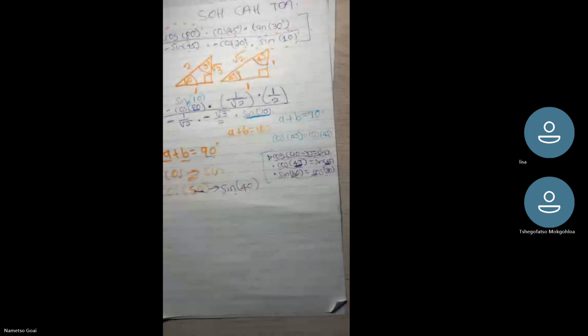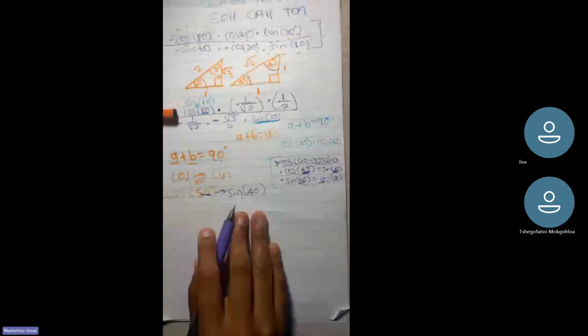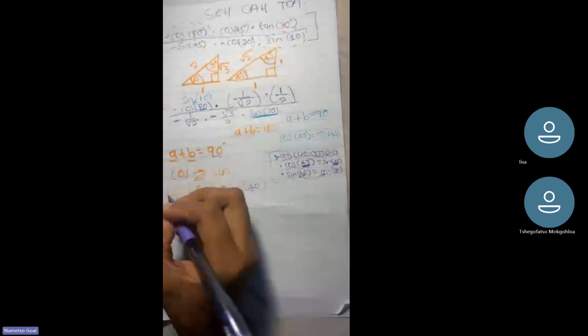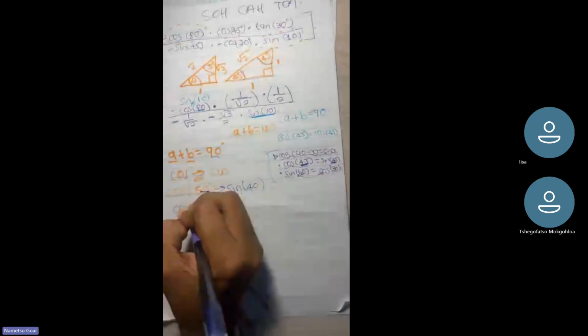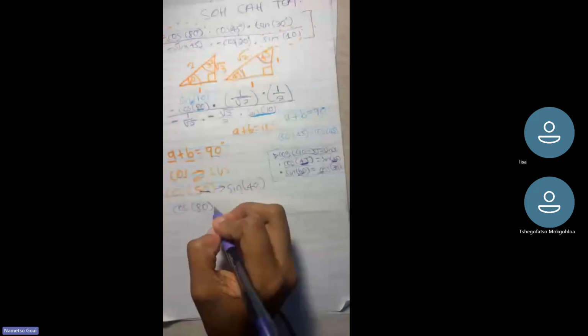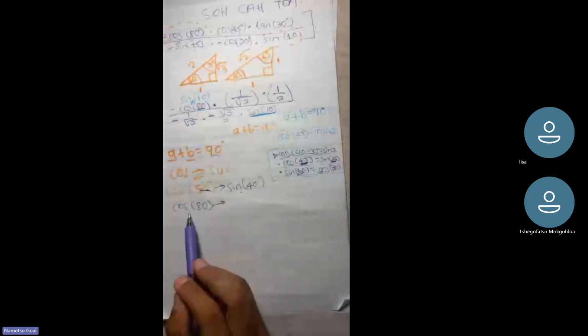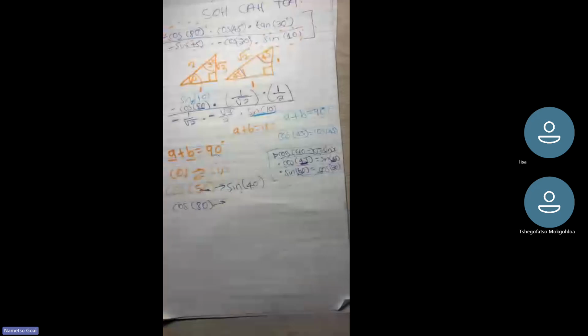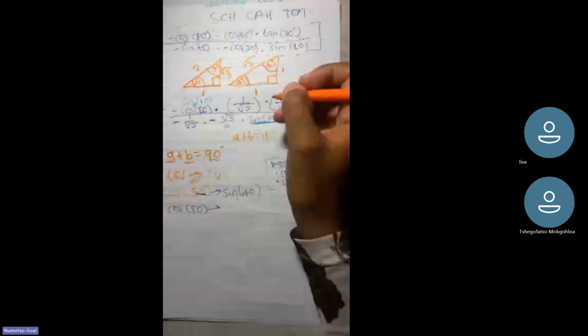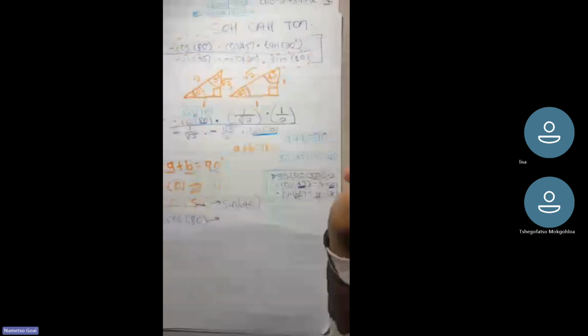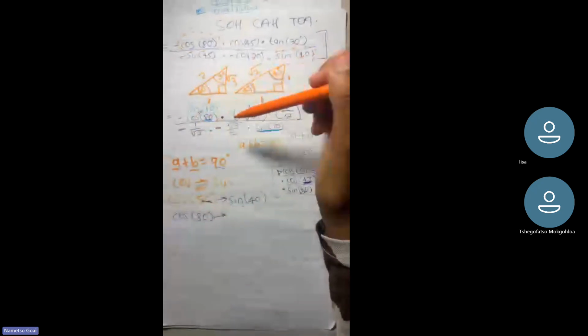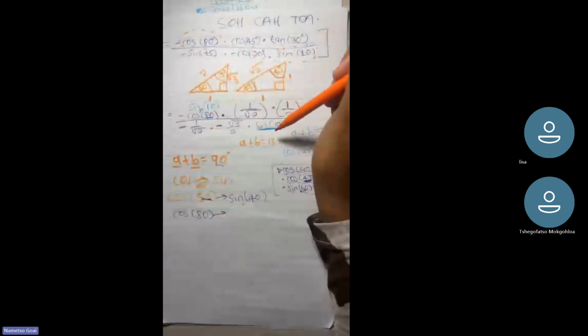Okay. So with regards to this one, we have a cos of 80 degrees, right? If you work this out, this and this will cancel one another, and you'll be left with negative cos 80 multiplied by sine 10.